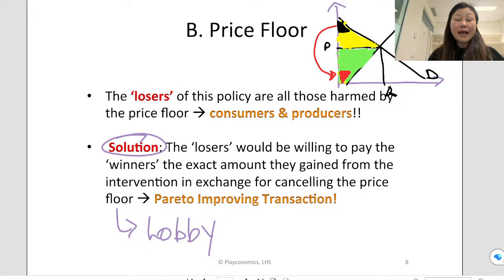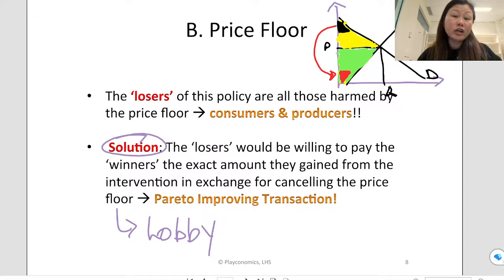And we're saying that, hey, we're going to compensate you with what you have benefited from this price floor. Can you lobby with us, lobby the government to get rid of the price floor? Okay, this is a Pareto improving transaction because everybody is happy. All right, nobody is worse off.